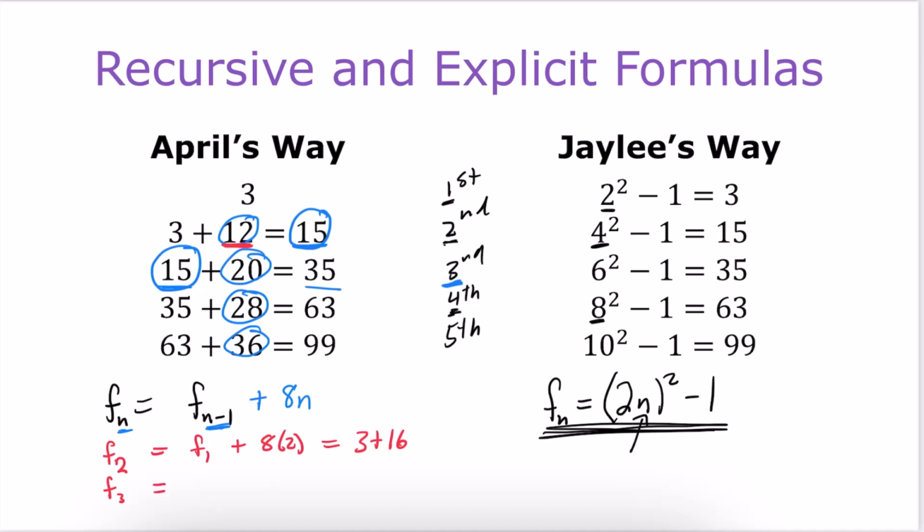My third term, according to my formula, would be the second term plus 8 times 3, where the second term is 15 and 8 times 3 is 24. Now I think I see what might be wrong, because this 12 is 4 less than 16 and the 20 is 4 less than 24.